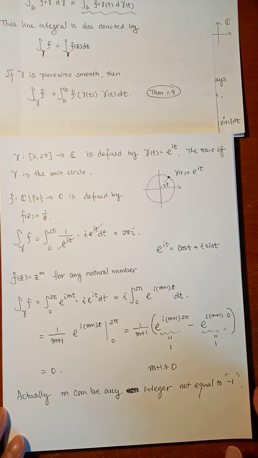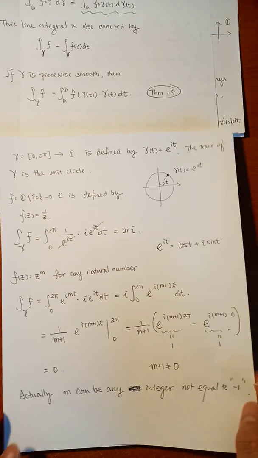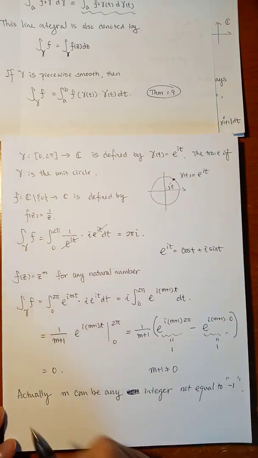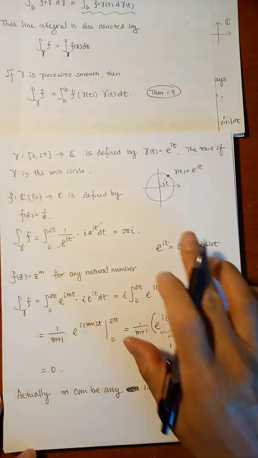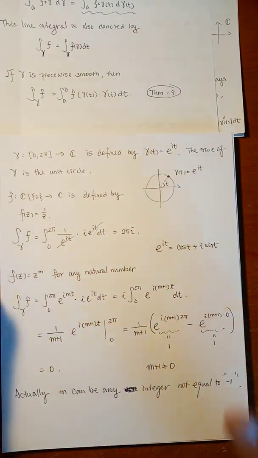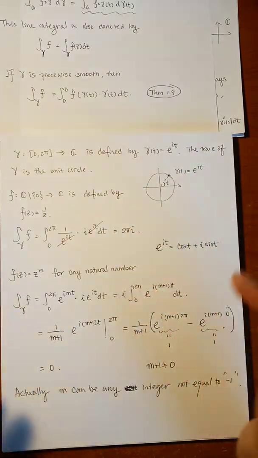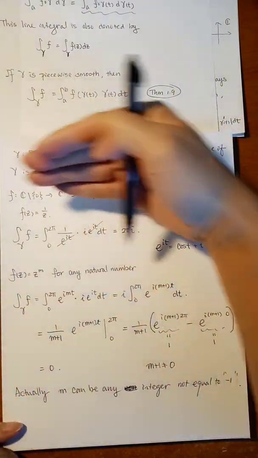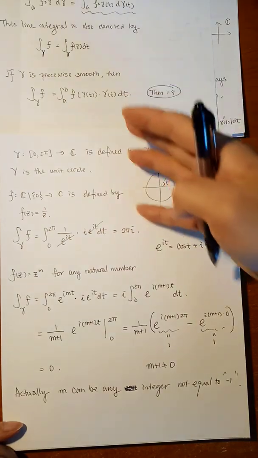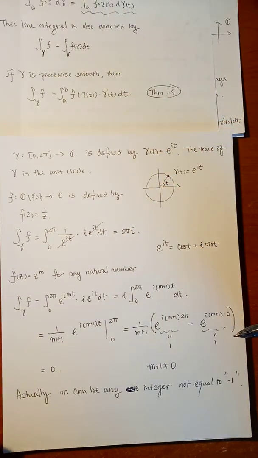So if we summarize it, for the integer power function, we do not discuss fractional powers, because for the fraction you have to cut the plane. It is not defined over the whole trace of gamma.